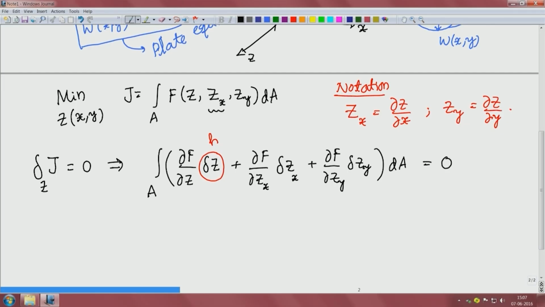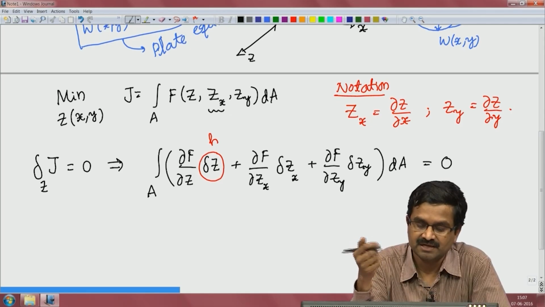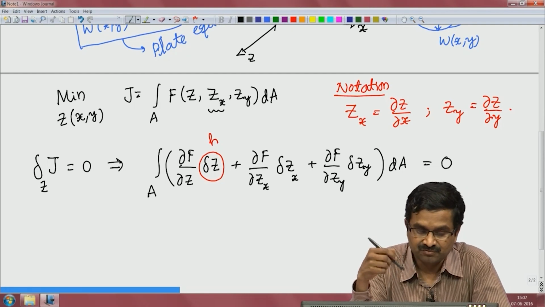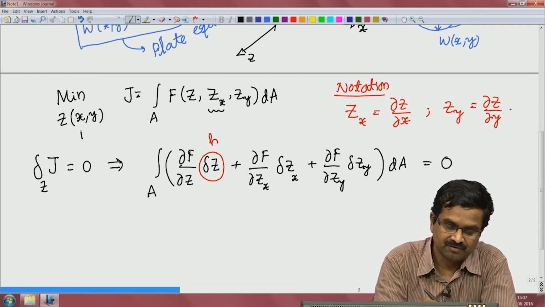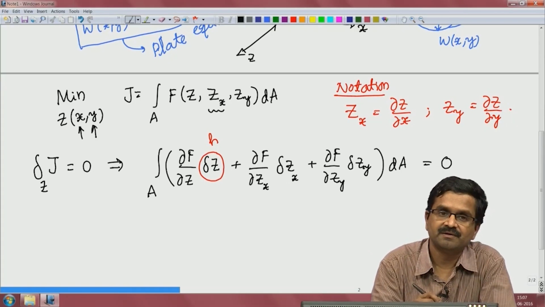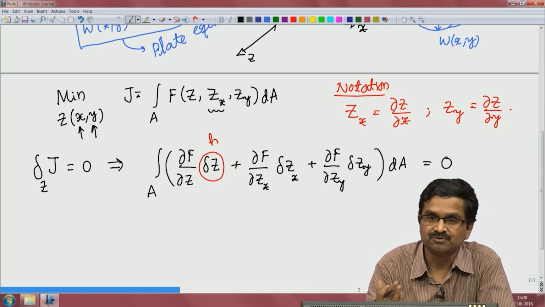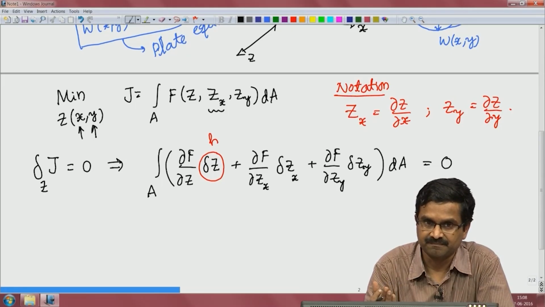Okay. Now, if you remember, when we had the first derivative y prime or dy by dx, in order to derive the Euler-Lagrange equation, we had done integration by parts. In the case of 2 dimensions, meaning we have 2 variables x and y, we have to use something that is equivalent to integration by parts in 2 dimensions, that is Green's theorem. Okay.